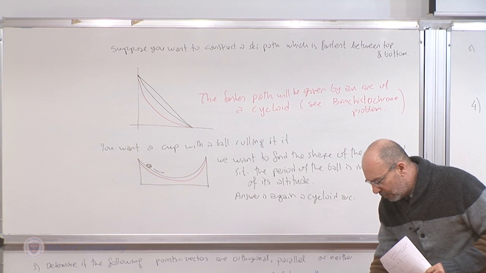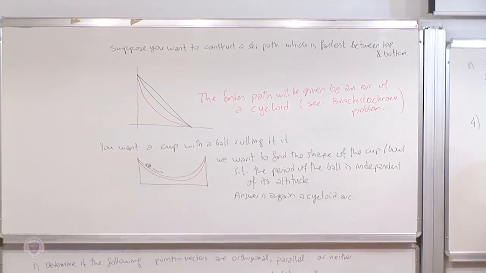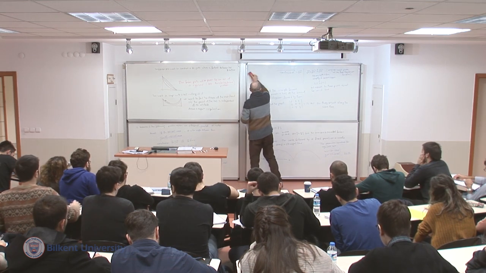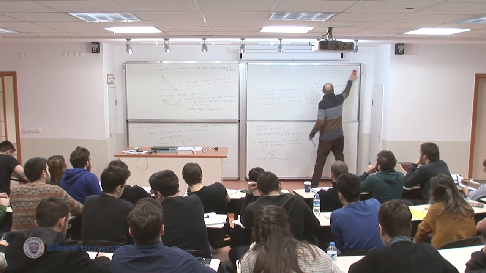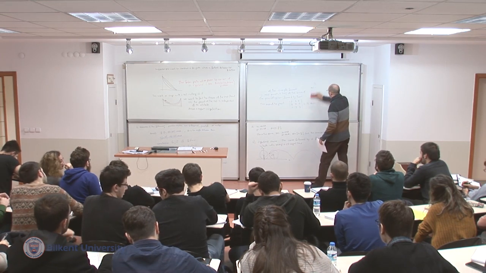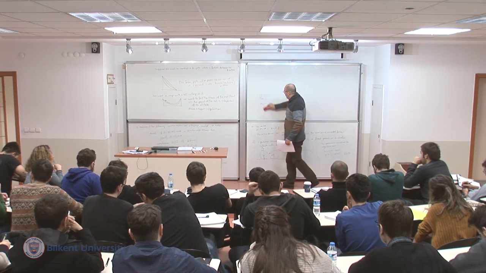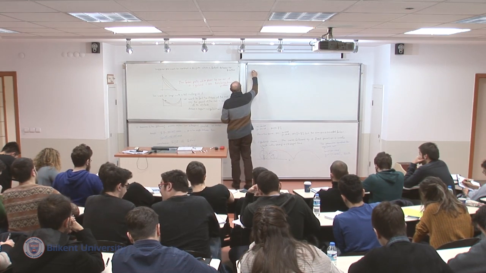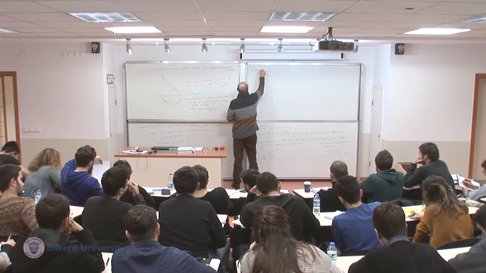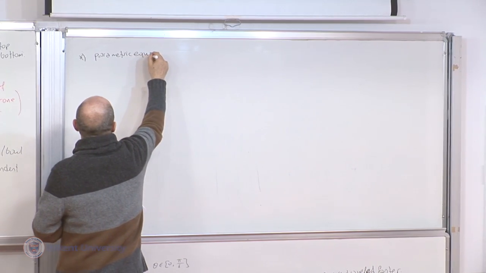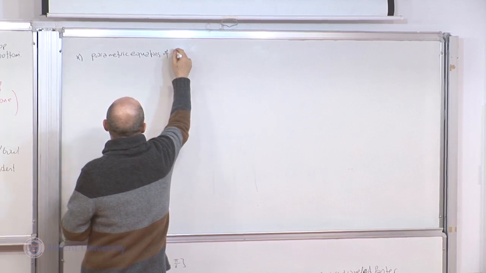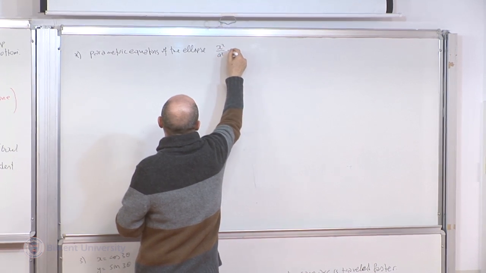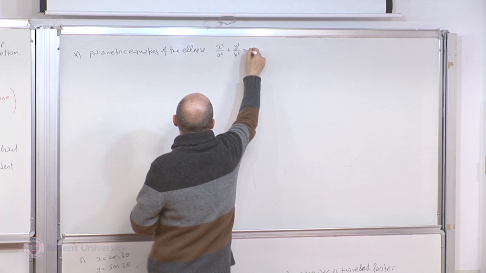Another well-known curve is the ellipse. We can give parametric equations for the ellipse easily, and in some calculations, the parametric equations are more convenient than the Cartesian equations. So, parametric equations of the ellipse given by x squared over a squared plus y squared over b squared equals 1.